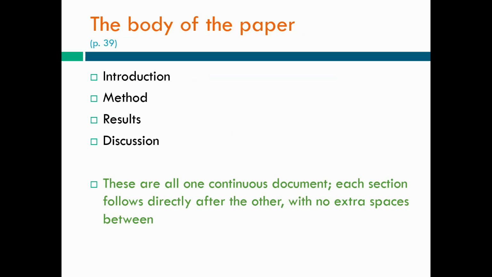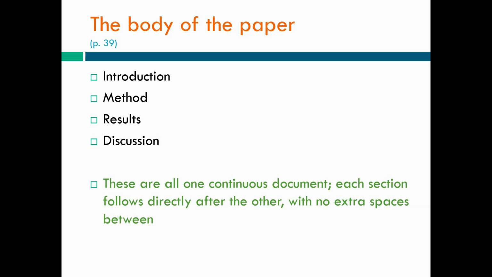Now we get to the meat of the paper, the body of the paper. This includes the intro, method, results, and discussion. From the moment that you are done with the abstract, the introduction through the discussion are just one continuous document. So you don't start the method on a brand new page, you don't start the results on a brand new page.